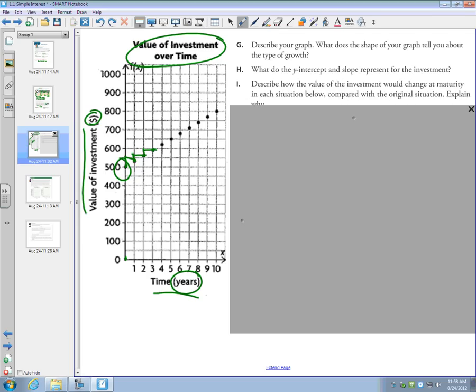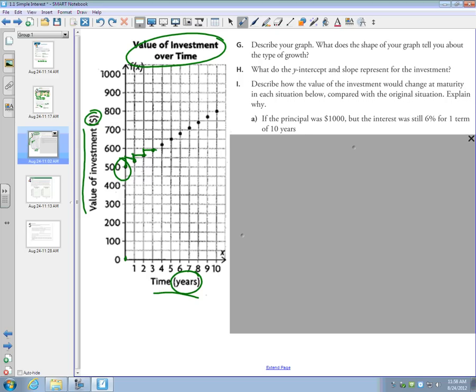Question I, describe how the value of the investment would change in each situation compared with the original. Explain why. If the principal was $1,000, but the interest rate was still 6%. Okay, so now instead of starting at 500, we're going to start at 1,000.